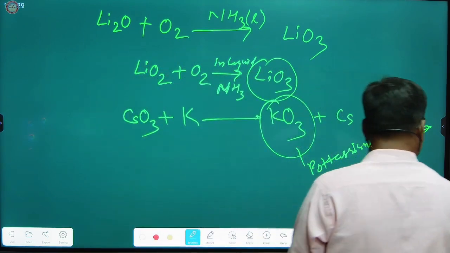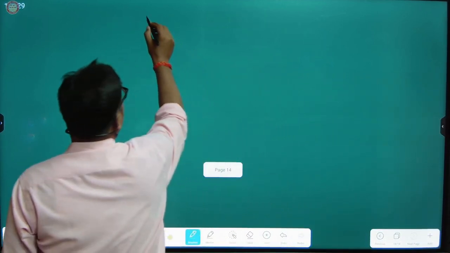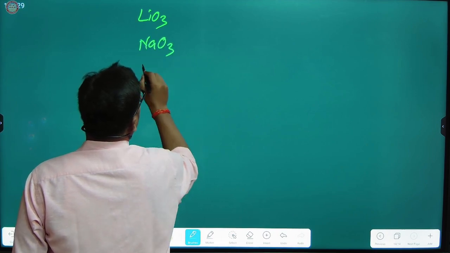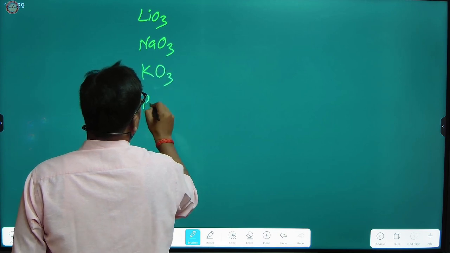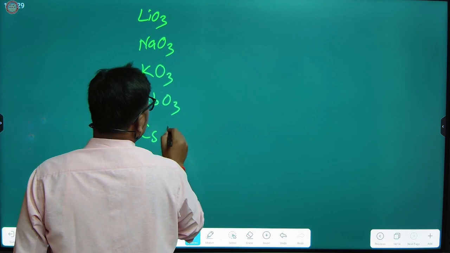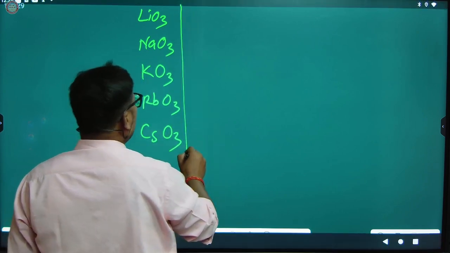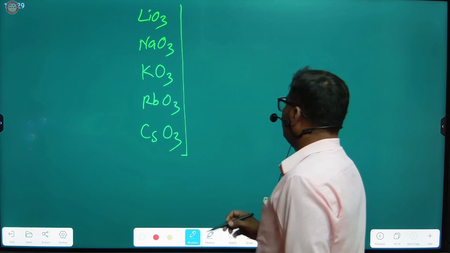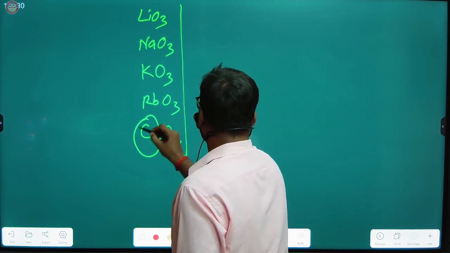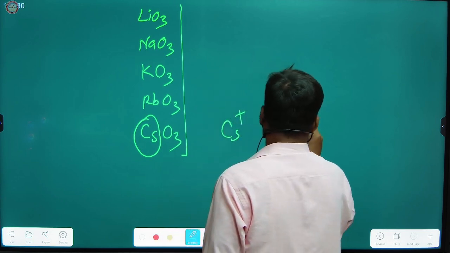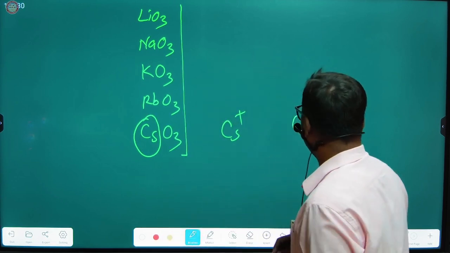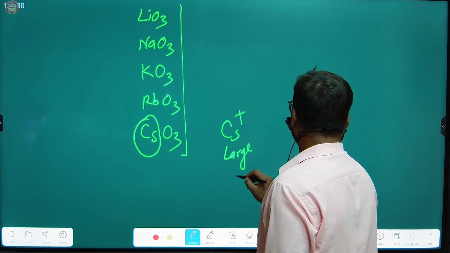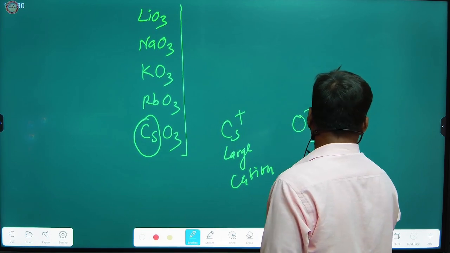So what is the order? LiO3, NaO3 and KO3, RbO3 and CsO3. So these are alkali metal ozonides. The cesium cation Cs plus and the ozonide ion will be most stabilized: large cation and large anion.